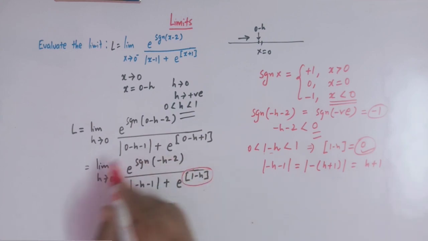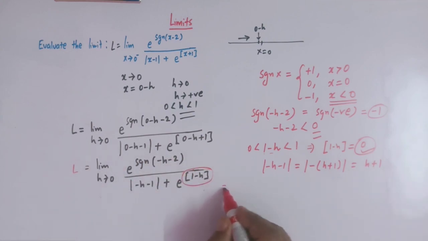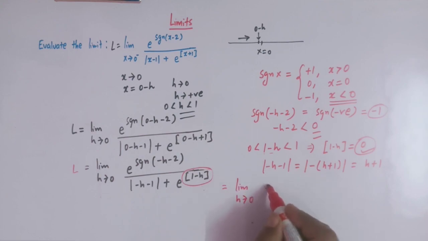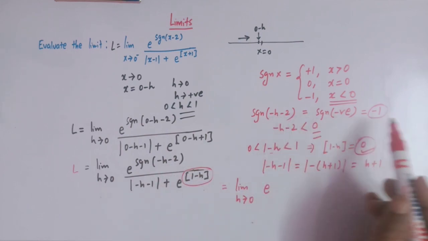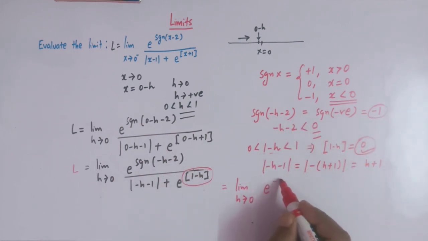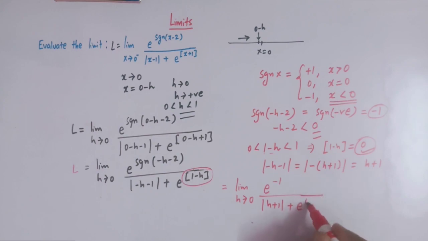Now this limit takes the form limit h tends to 0 of e raised to -1, divided by mod of h plus 1, plus e raised to 0.